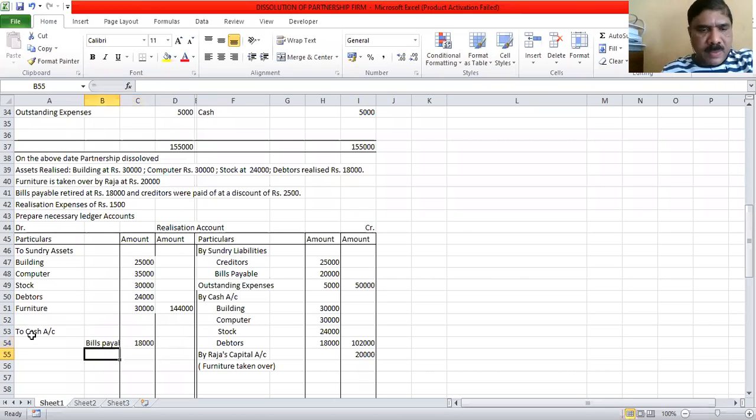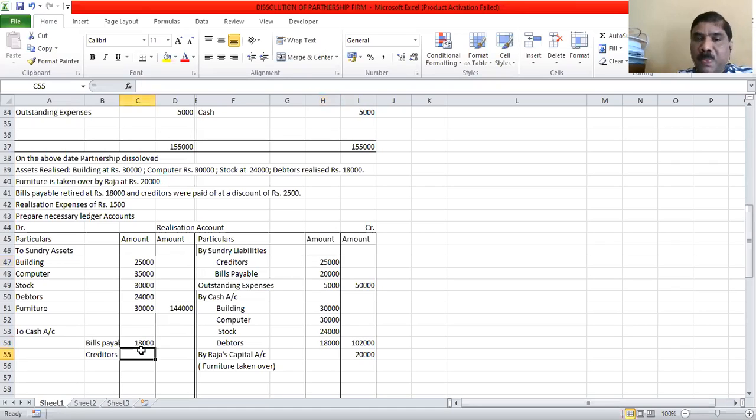Then creditors. See the statement carefully. It is mentioned that creditors were paid at a discount of 2,500. How much is paid? You have to see how much the creditors amount is here. It is 25,000, and they are paid at a discount of 2,500. मतलब कितना पे करनी चाहिए?